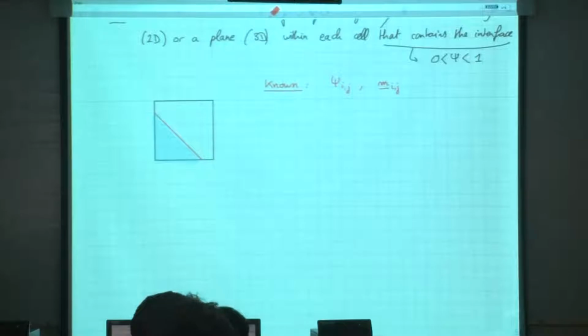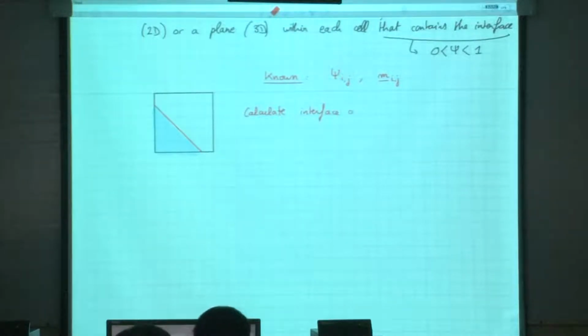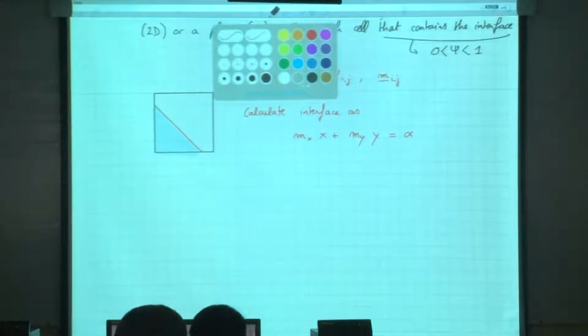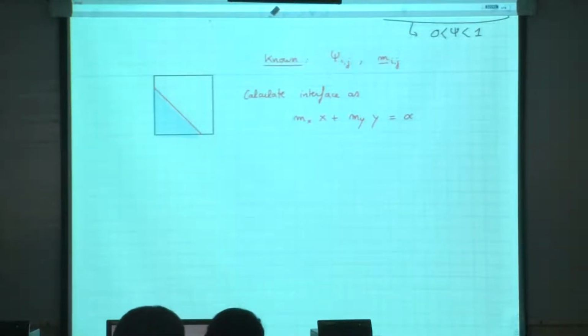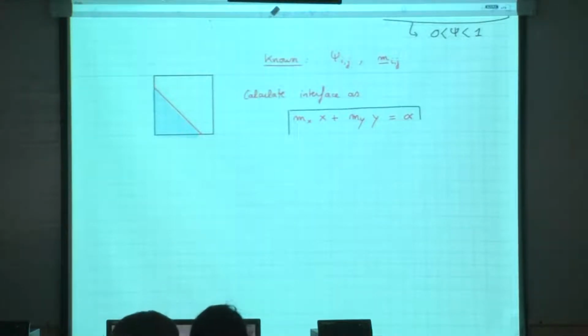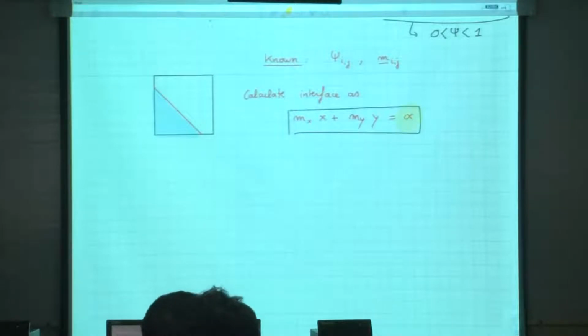But if we assume that we know both, then we need to calculate the interface in the form of mx times x plus my times y is equal to some value alpha. Again, if I'm assuming that m is known, then really the only thing I'm looking for is this alpha.